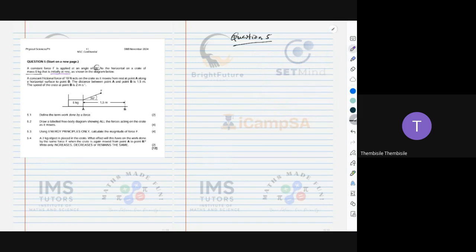Then a constant frictional force of 10. Let's mark it also. Acts on the crate as it moves from rest at point A along a horizontal surface to point B. The distance between point A and point B is 1.5 meters, which is this here. And then the speed of the crate at point B is 2 meters per second. Okay? Very important. So let's start.